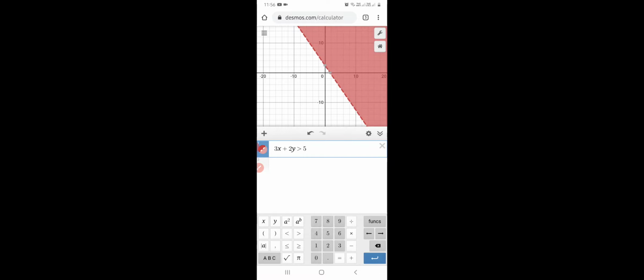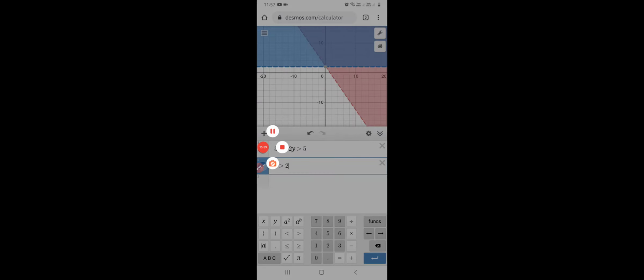So this is exactly the area represented by this. Now obviously, why the dotted line? Because we are excluding the line 3x plus 2y equals to 5. Now let us draw the next one, that is y greater than 2. So this is exactly the second one.